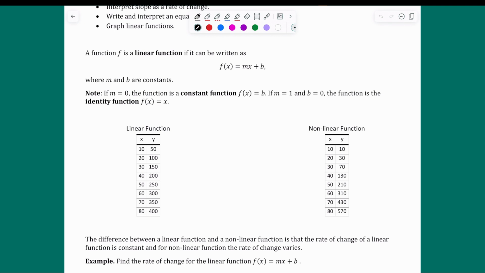Okay, so remember, the rate of change is the difference in outputs divided by the difference in inputs. So for a linear function, if you took the difference of consecutive pairs here, say 20 minus 10, you're going to get a unit increase of 10 each time.